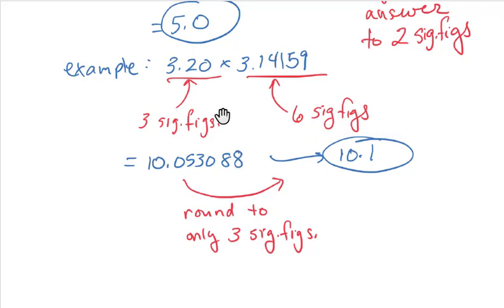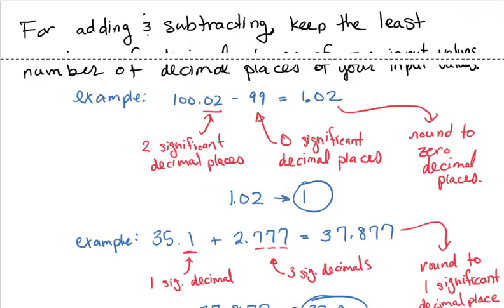And the precision can't be known any better than the least precise of these. And so this was the least precise at 3 sig figs. So that means that this 0 here would either stay a 0 or round up to a 1, depending on what this next number was. And so this next number was a 5, so I'm going to round the 0 to a 1, so 10.1. Now, that was for multiplying and dividing. You keep the least number of sig figs.